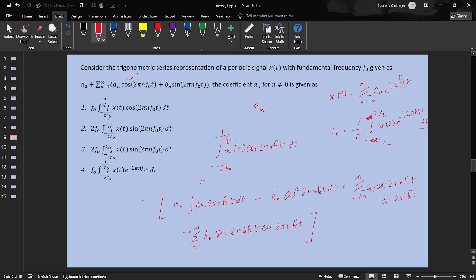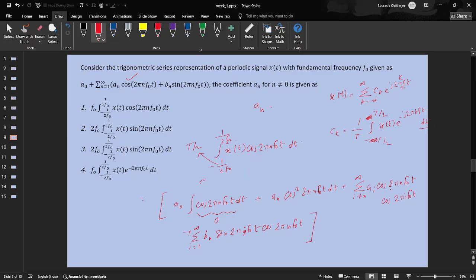So we can see here what we are going to get. We can immediately see this is a periodic signal with period 1 over f naught, and I am integrating over 1 over 2 f naught on either side. That essentially is the same as saying minus T over 2 to T over 2, essentially integrating over a full cycle. So this one goes to 0.